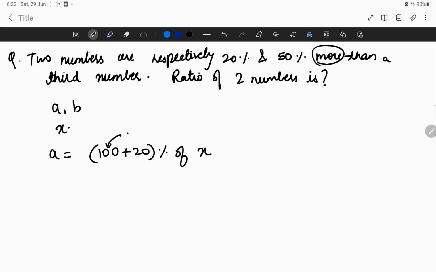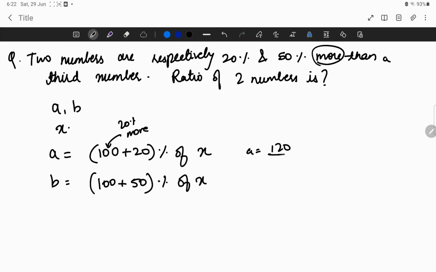This is because it is 20% more, and b is actually 100 plus 50% of x. So this means that a is actually 120 upon 100 x, and your b is 150 upon 100 x.